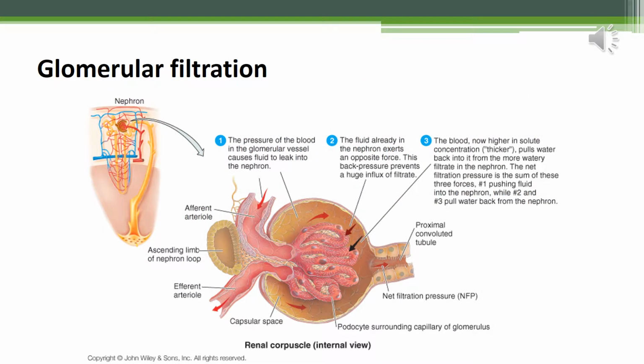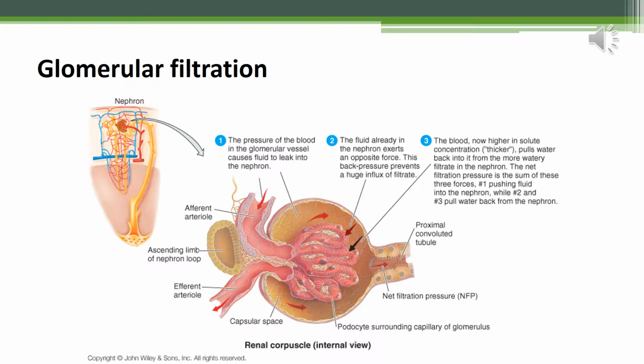So this diagram just explains further what was talked about in the previous slides. At number 1, the pressure of the blood in the glomerular vessel causes fluid to leak into the nephron. At number 2, the fluid already in the nephron exerts an opposite force.